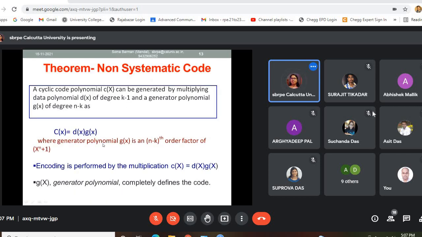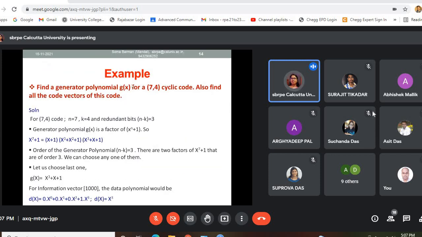See here, the generator polynomial's degree should be the n minus kth order factor of x to the power n plus 1. Now n is 7 and k is 4. So n minus k should be 3. So the degree of gx should be 3, but it should be a factor of x to the power n plus 1.